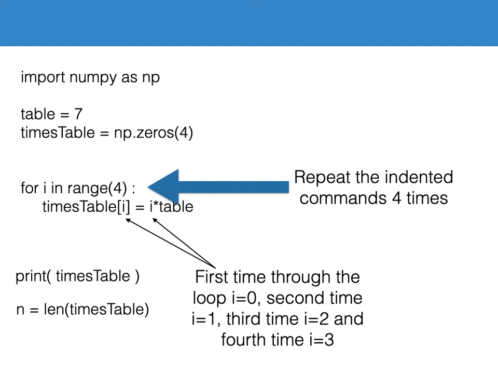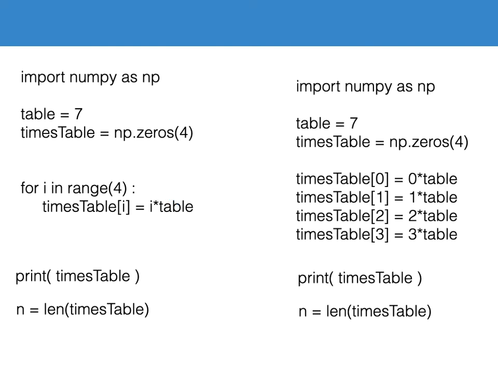The code within the loop on the left side of this expression is thus equivalent to the code on the right, which had the command that has been indented inside the loop repeated 4 times. On the plus side, however, we have written much less code by writing this for loop, which makes us less likely to have made a mistake.